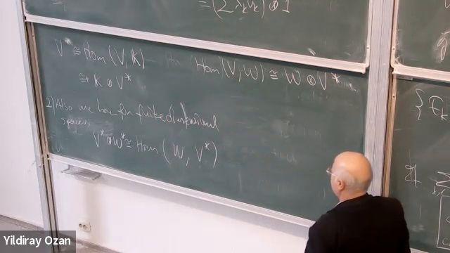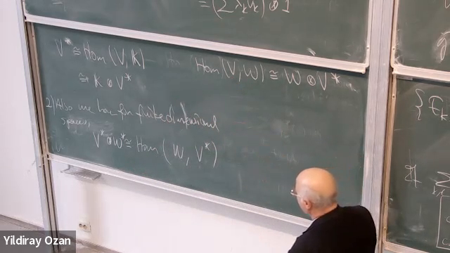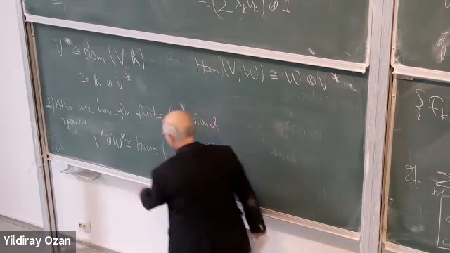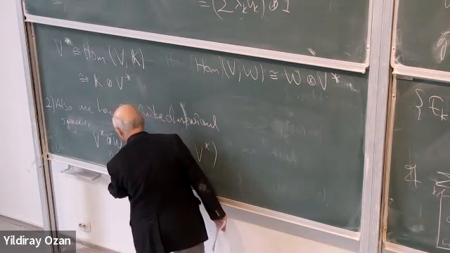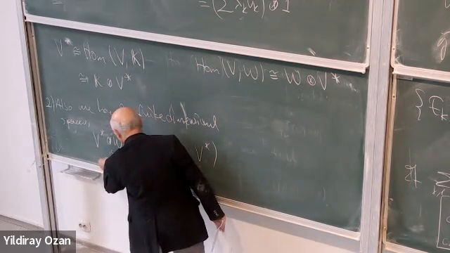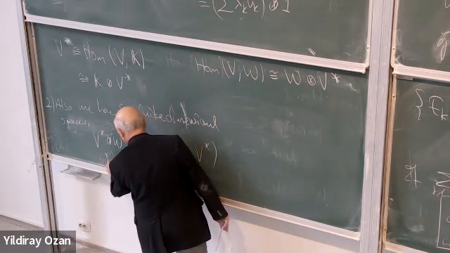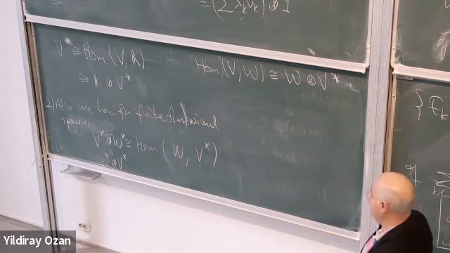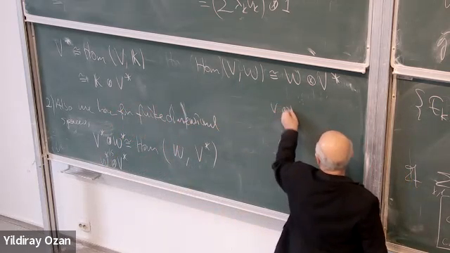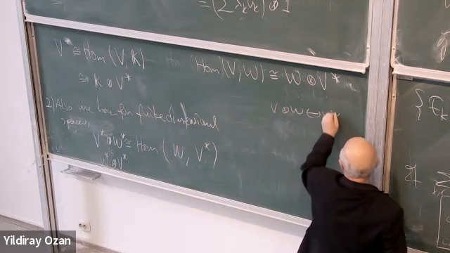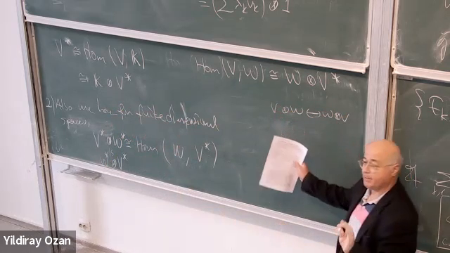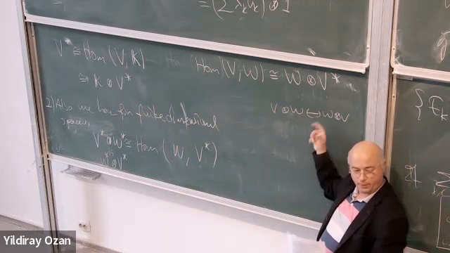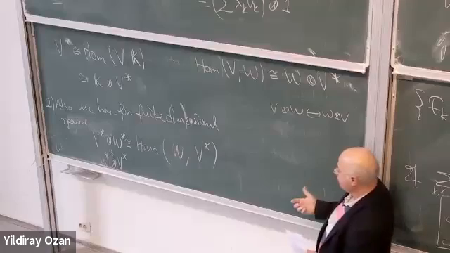But I can also write the following. This gadget is canonically isomorphic also to the following. W tensor V star, I can switch the places. Yani V star tensor W. They are not the same, but they are isomorphic and canonically isomorphic. I just switch the places of these two elements.